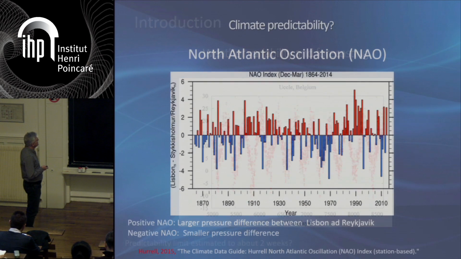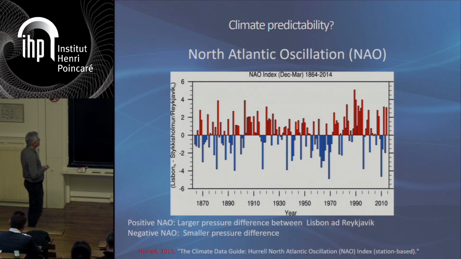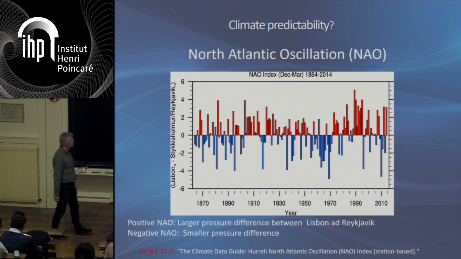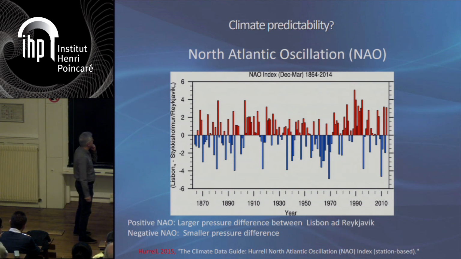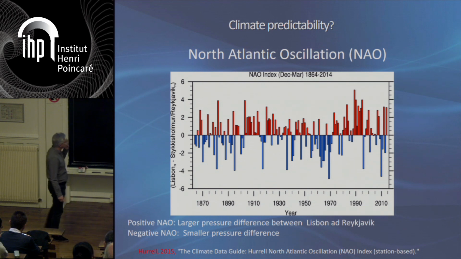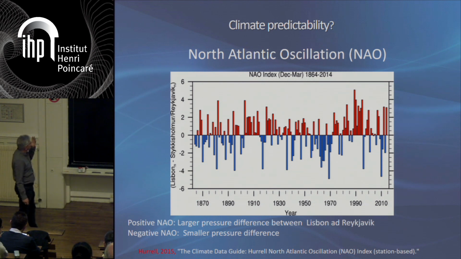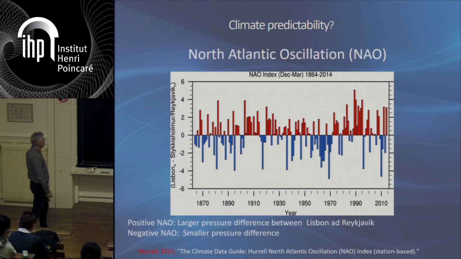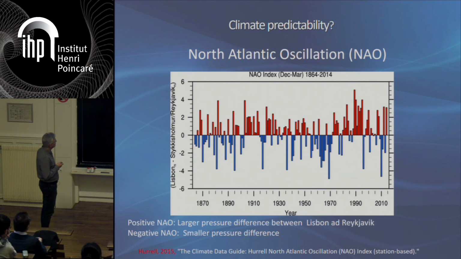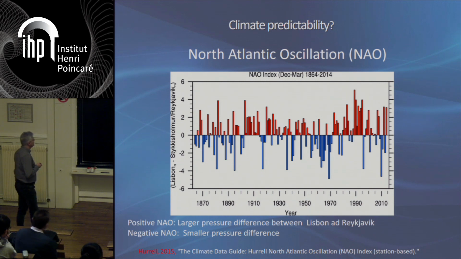Okay, but there is also variability on much longer time scales, and here this is just one specific index. It's called the North Atlantic Oscillation Index, which is simply the difference of pressure between two different weather stations, between Lisbon and Reykjavik over the North Atlantic. And these are averages over the winter season.